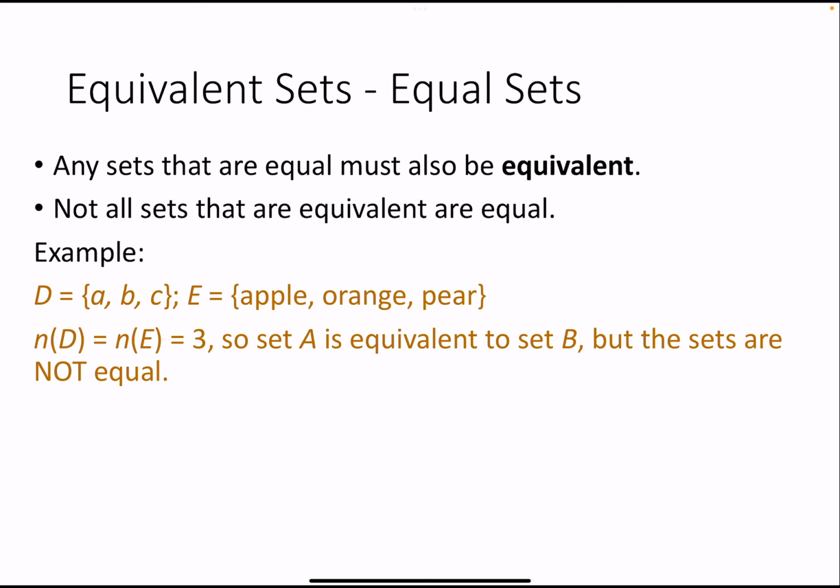So we can get this relation here: if two sets are equal, then obviously they must have the same number of elements, and therefore they must be equivalent. However, the other direction, two sets being equivalent doesn't imply they are equal.